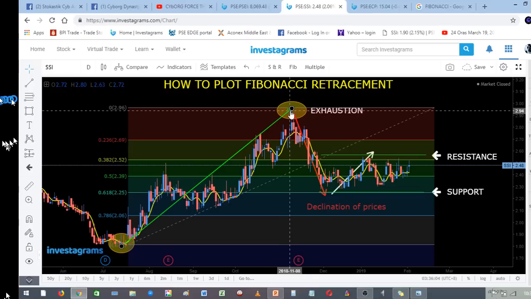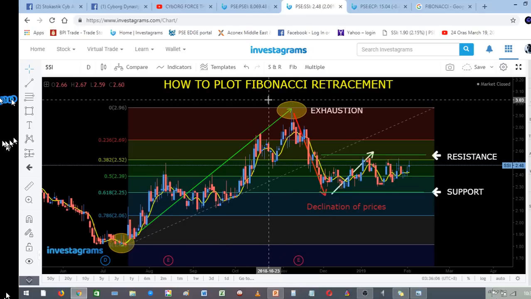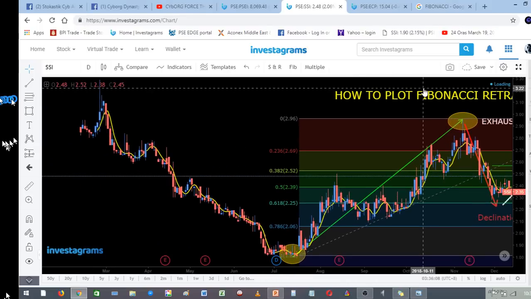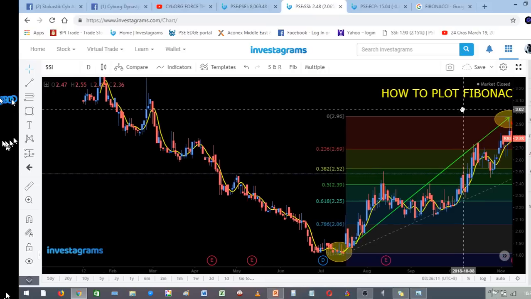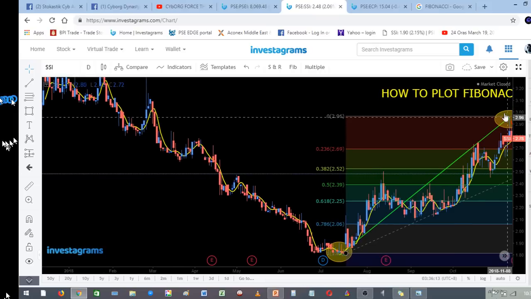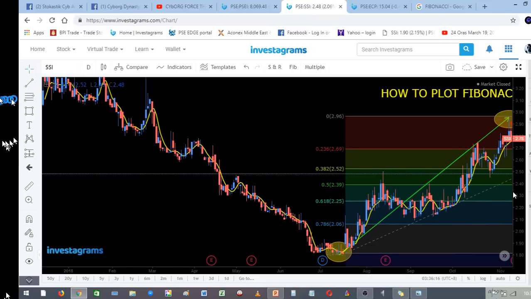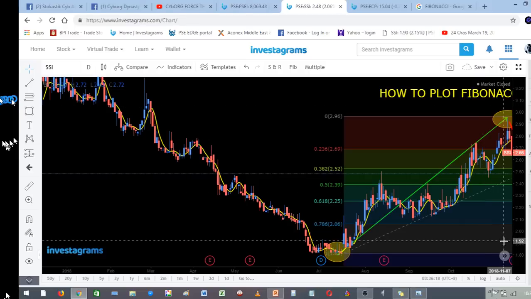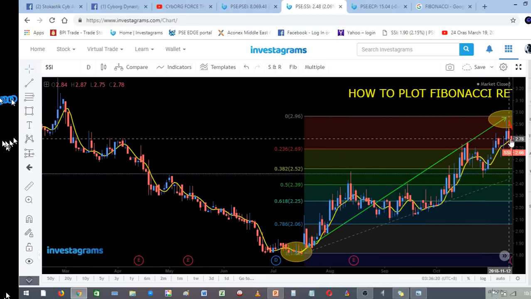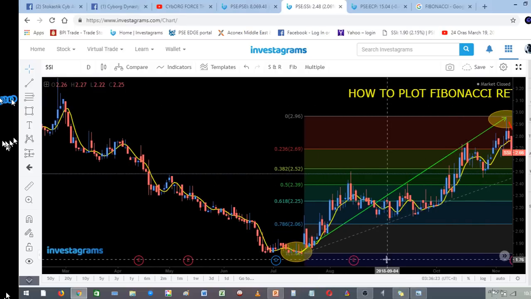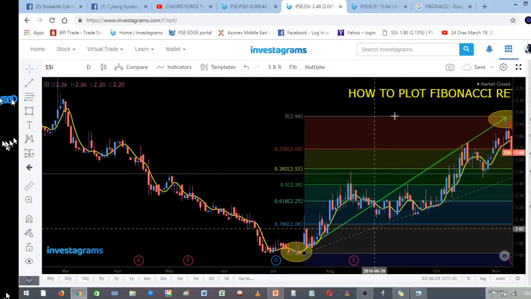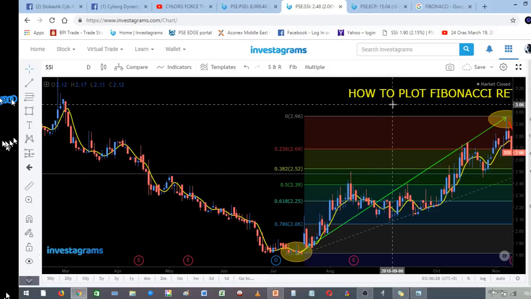So if the stock is still on the top level portion and it's seemingly going down because of this candle, now you have to execute your Fibonacci retracement to counter check where you will be going to enter or place your buy or sell.